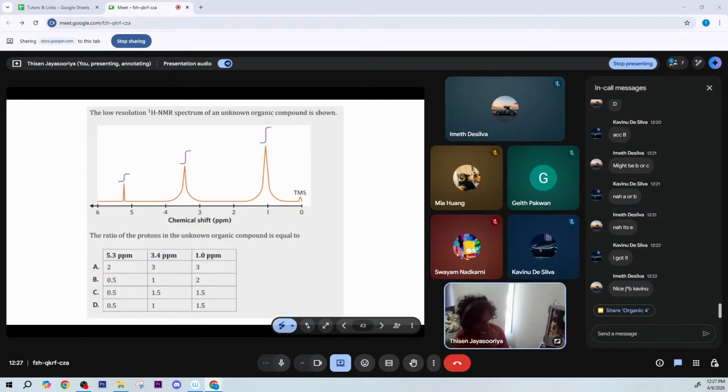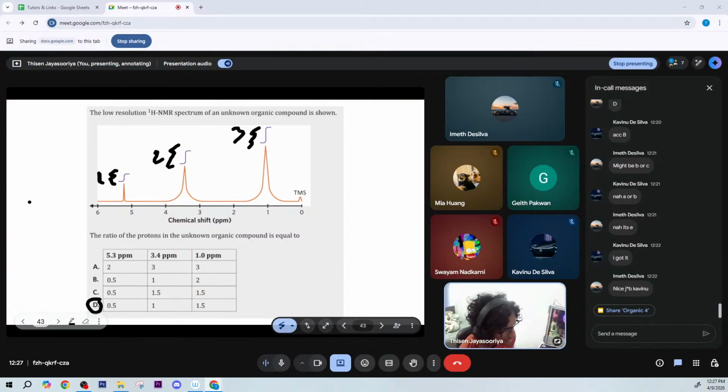So, here, if we tell the ratio of these ones apart, we'd have to say that there's a 1 to 2 to 3 to 3 ratio between these, if I measured them with a ruler. So if I look down here, is there a 1 to 2 to 3 ratio? No, it doesn't look like there is. So my guess is it has to be D, because it's 1 to 2 to 3, which could be turned into 0.5 to 1 to 1.5 if I divided everything by 2.